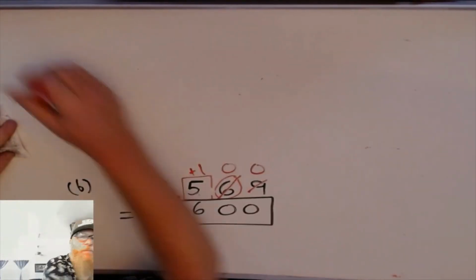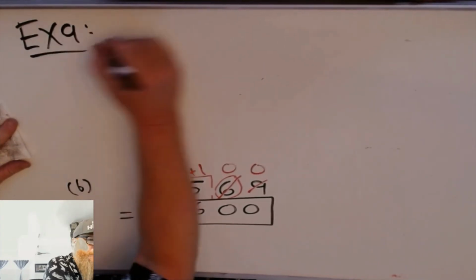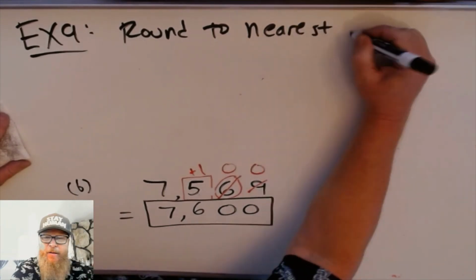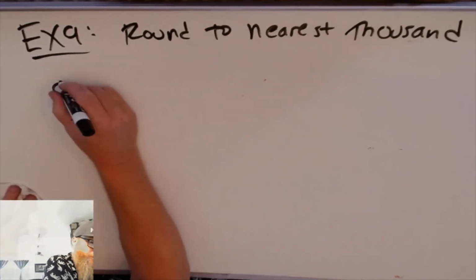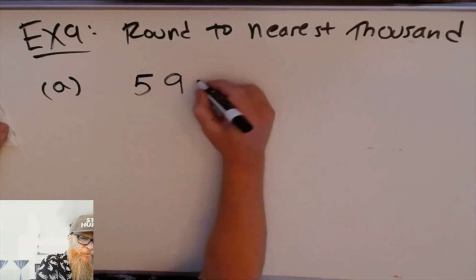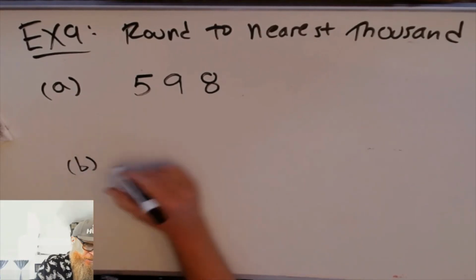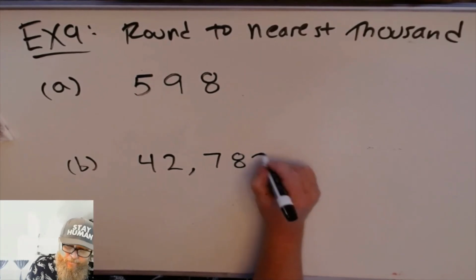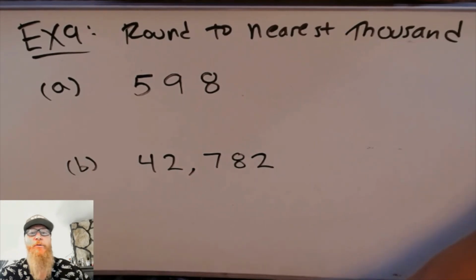Just a couple more. Example 9. Round to the nearest 1,000.